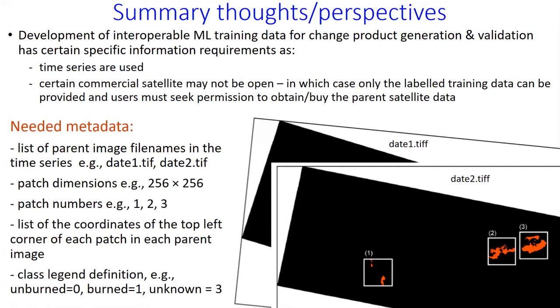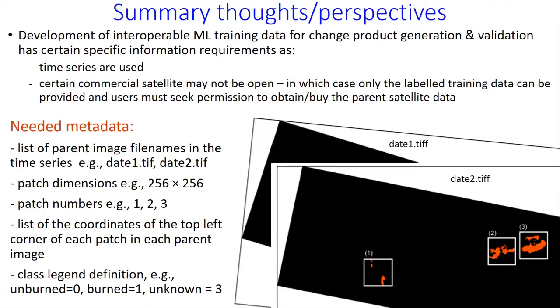The patch dimensions, they're not always 256 by 256. Some kind of scheme like patch numbering, 1, 2, 3, for example. The coordinates, usually in remote sensing, we look at the northwest or the top left corner. And you need to define that in each parent image, because the images aren't going to be aligned. PlanetScope are not aligned, they're different orbits, and some kind of legend.